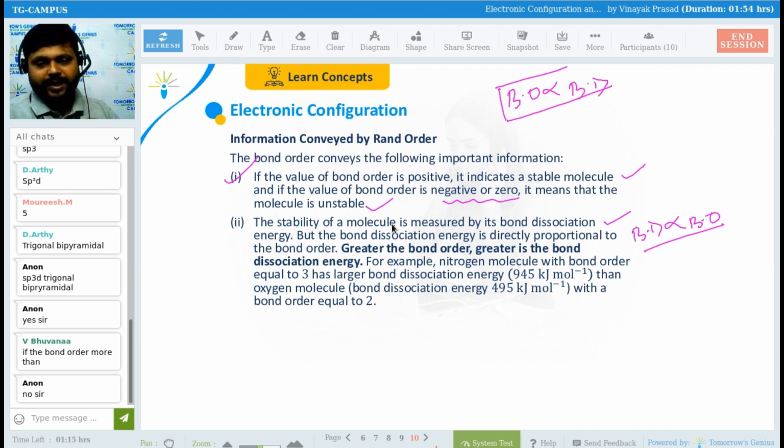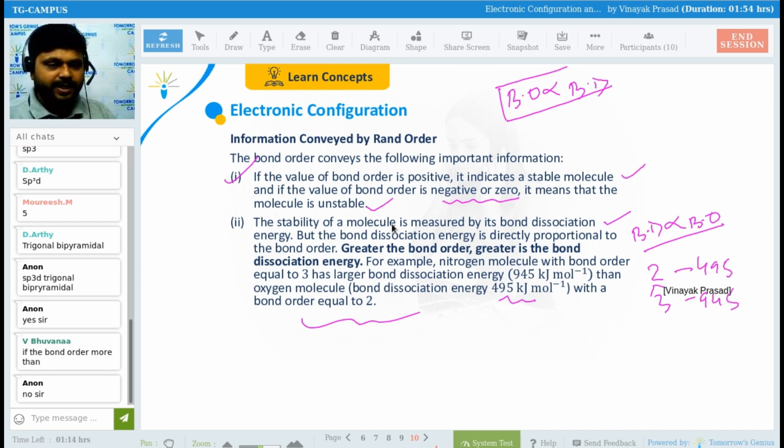You can see here, if the bond order is equal to 3, it has a larger bond dissociation energy, that is 945 kilojoule per mole. The oxygen molecule bond dissociation energy is 495 with the bond order equal to 2. So 2 has 495, right? And 3 has 945. Getting my point? So the bond dissociation energy of bond order 3 is greater than that of bond order 2.